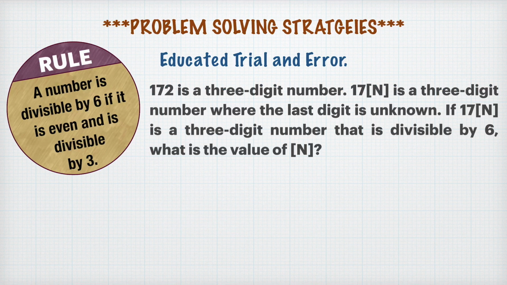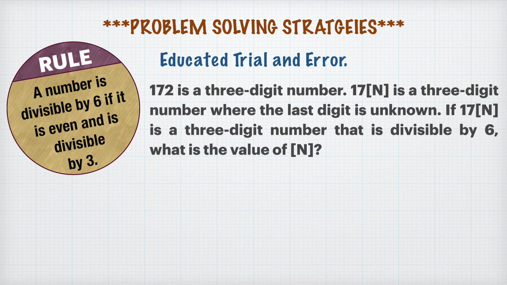All right. Now, we have educated trial and error. 170n is a 3-digit number where the last digit, n, is unknown. If 170-something is a 3-digit number that is divisible by 6, what is the value of n?